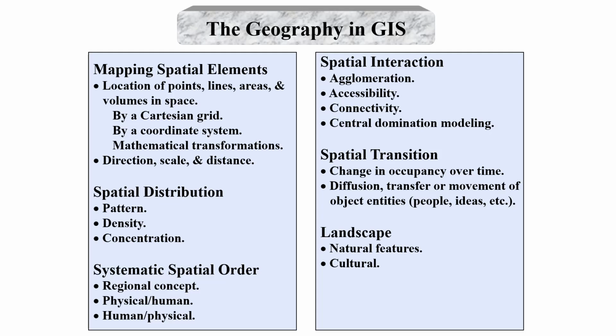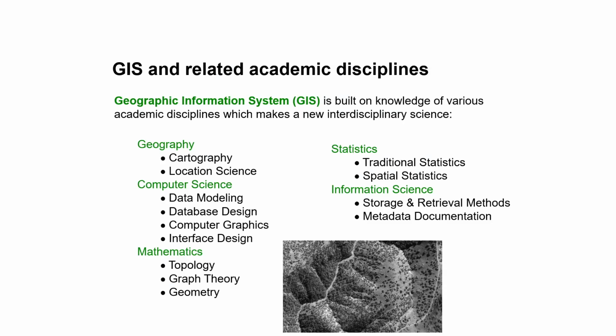Spatial diffusion is the transfer or movement of entities, people, ideas, diseases, for example, COVID-19, etc. And the big landscape concept explains anthropogenic, natural, and cultural landscapes and so on.